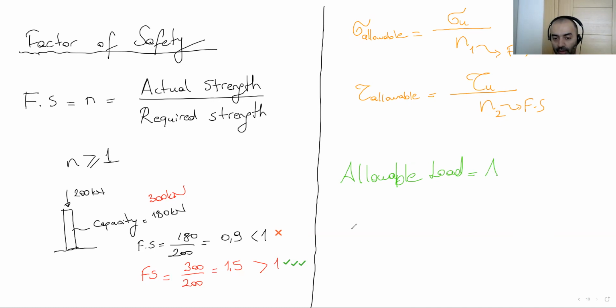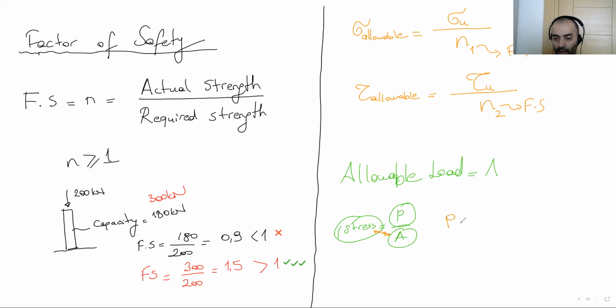By the way, remember, stress equals P over A, right? This is stress, this is area, this is force or load. Now, if we are looking for P, we have to multiply these two numbers.